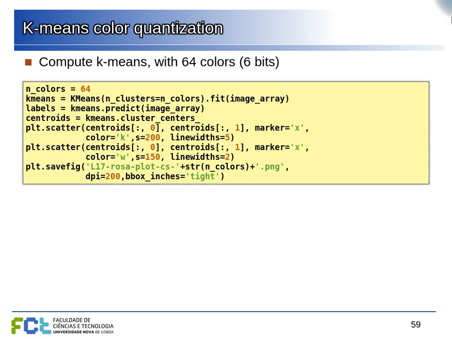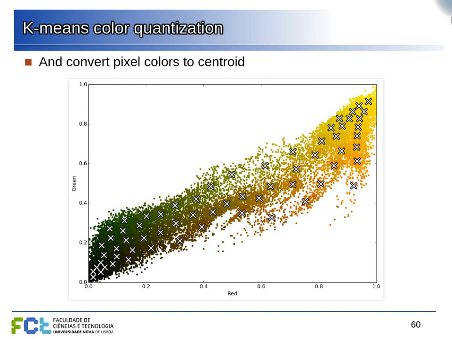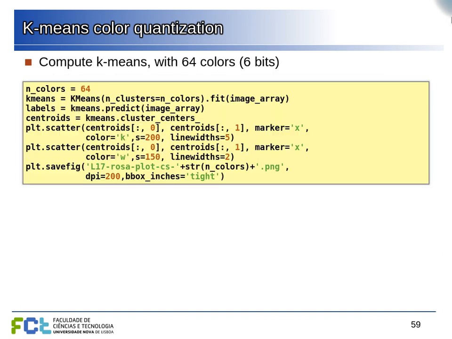Then from this attribute here, we get the centers of the clusters, and we can represent all of them with these crosses here. Yeah? Here, I specified that there are 64 clusters. So when I compute k-means with k equals 64, it will give me 64 centroids. Okay?